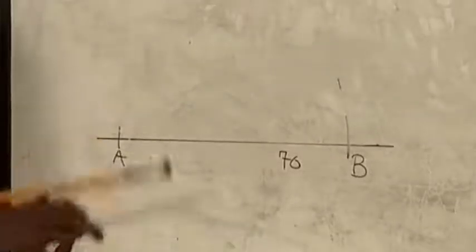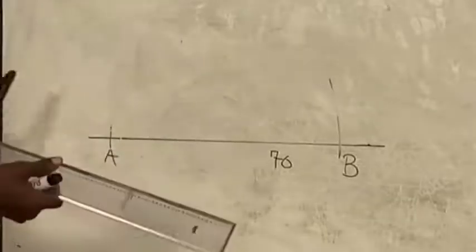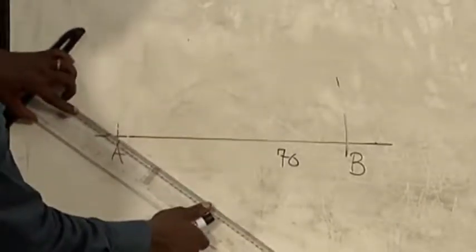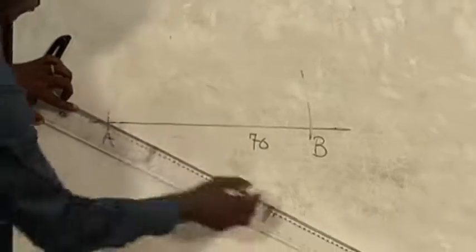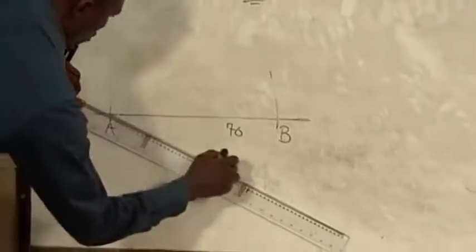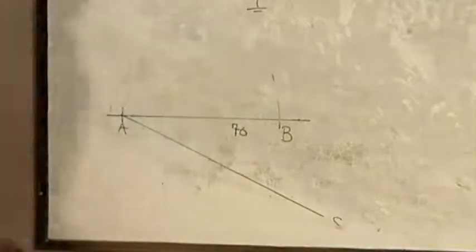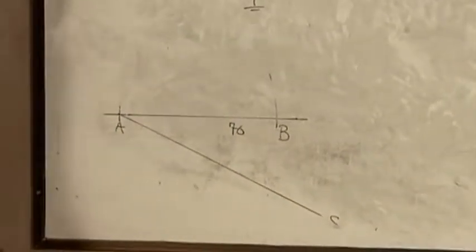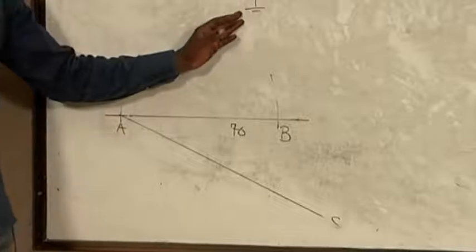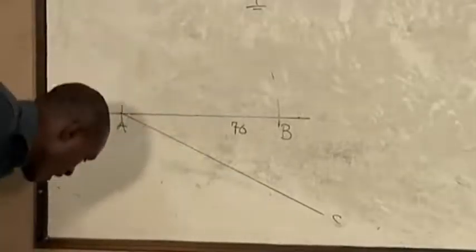Now, like I said earlier, you go to A again, get any convenient angle, don't worry, just rule. Rule as long as you like it. Call that place C. Now from your addition, you had 9. So you divide this AC into 9.